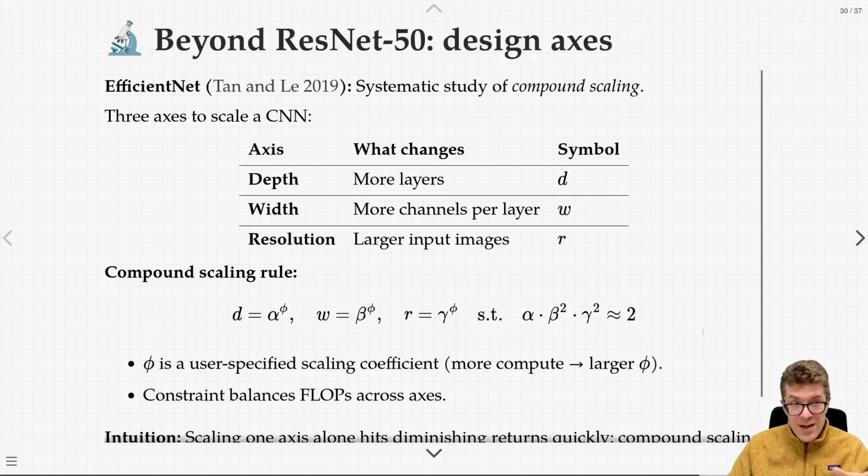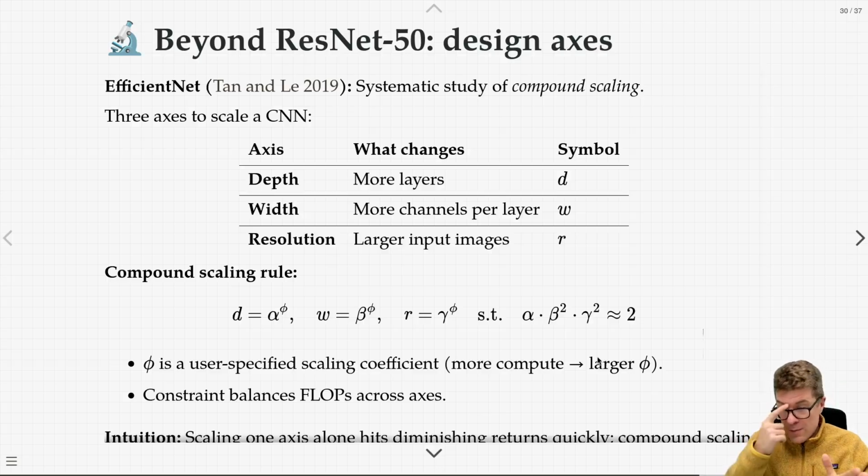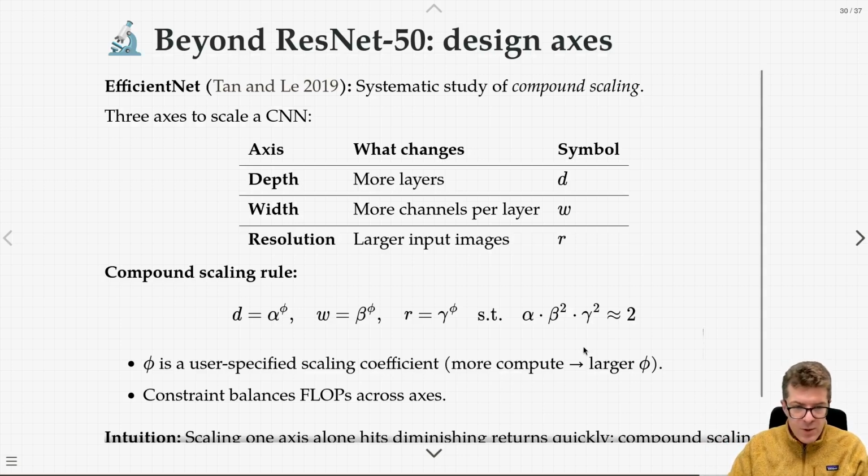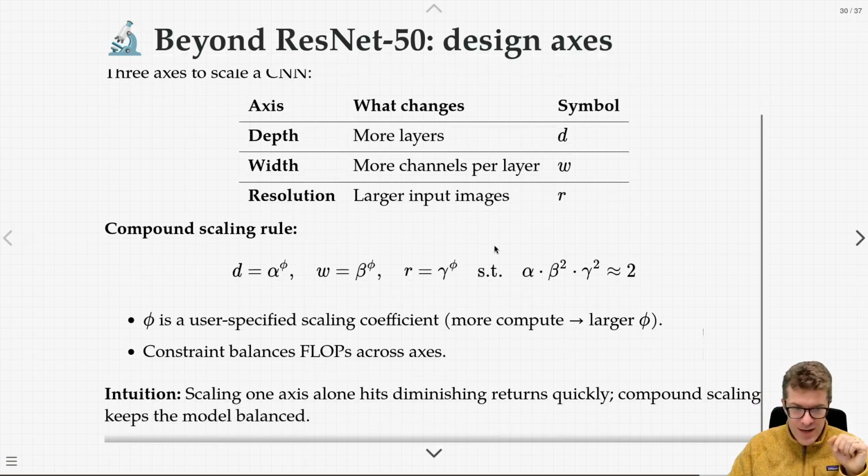Again, this is all beyond the scope of this class, but you know how problems compound. When you have massive gradients and you multiply those by massive gradients, they tend to compound. Same idea here. And so these kinds of constraints will balance flops across these different axes.